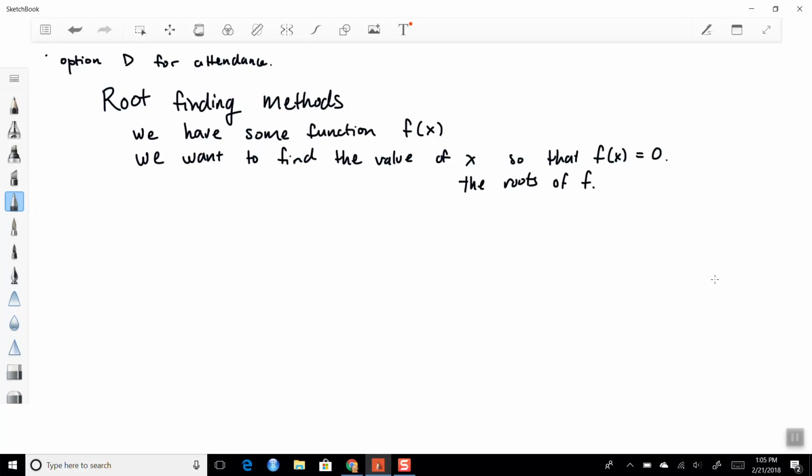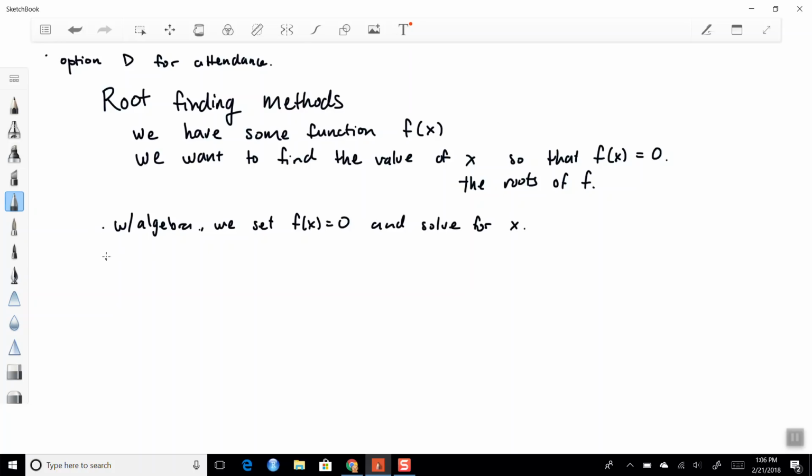Sometimes we have a complicated function where it's not so easy to do algebraically, so our tools are numeric methods for finding these roots if we don't want to bother solving the algebra. With algebra, we set f of x equal to 0 and solve for x.